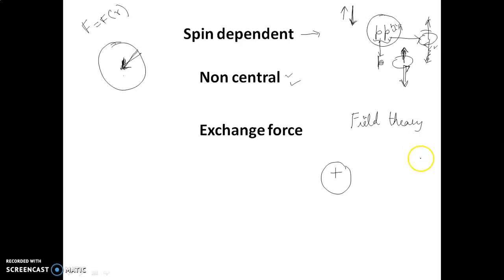Why do I talk about surroundings? Because here there is the concept of field. We know that every charged particle has a field around it where its effect will be felt by another charge when brought in that field.